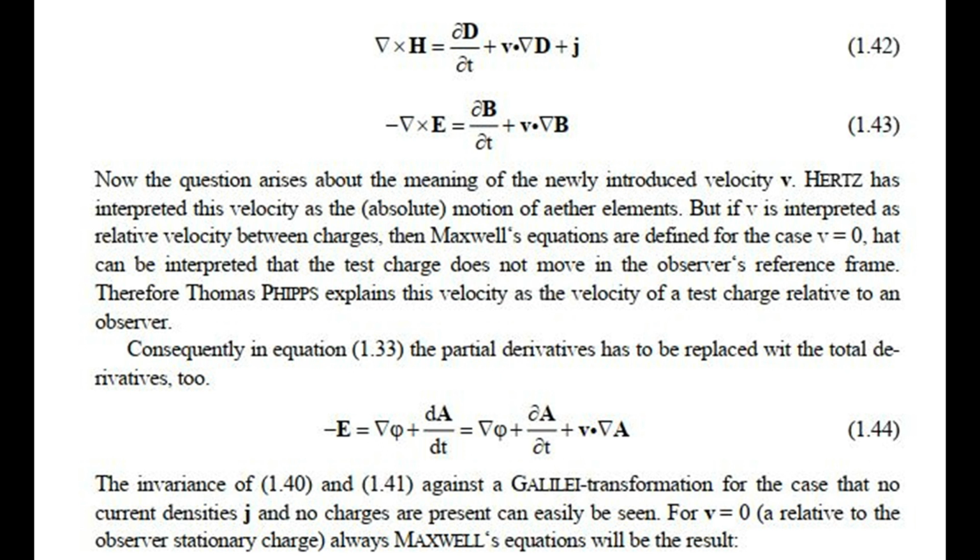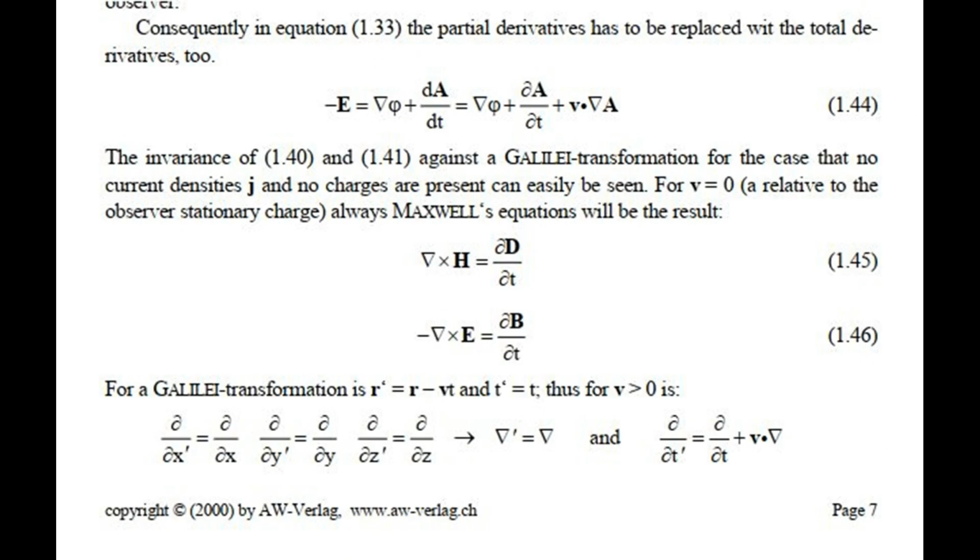The invariance of 1.40 and 1.41 against a Galilei transformation, for the case that no current densities J and no charges are present, can easily be seen. For v equals 0, a charge stationary relative to the observer, always Maxwell's equations will be the result. For a Galilei transformation is r equal r minus vt and t equal t, from which for all v the equations are valid.